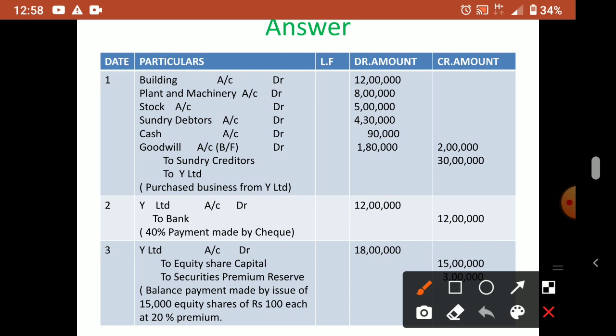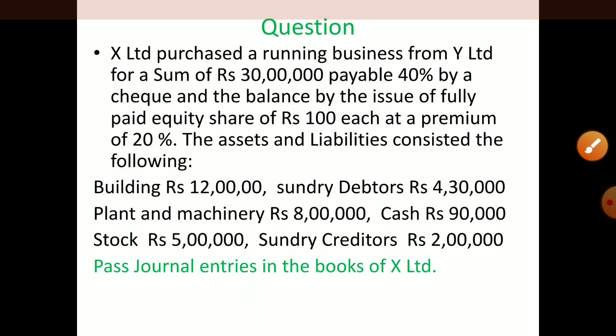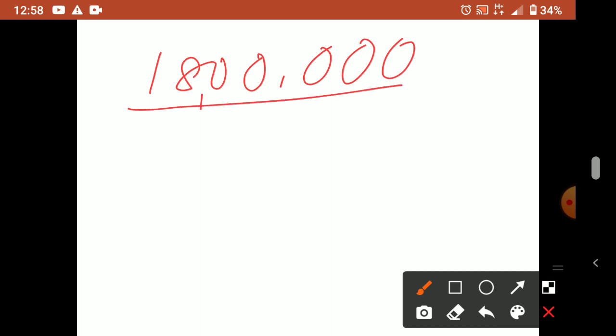Okay, so for the working note I'll write here, amount payable here is 18 lakhs, issue price is 100 plus 20 premium.